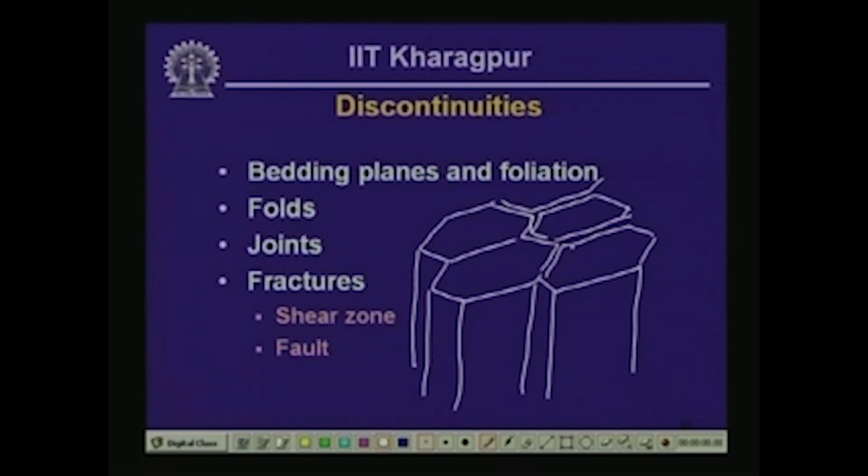In this case these features are called joints. So these are the joints, and this is an example of joints for a type of rock called columnar basalt.